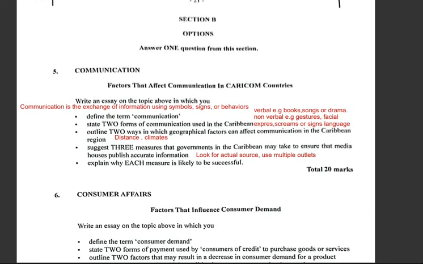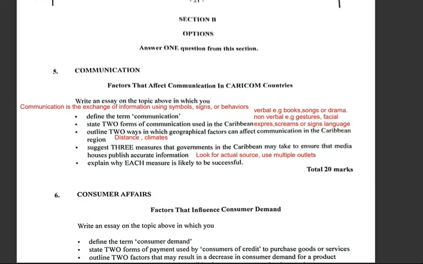So define the term communication. Communication is the exchange of information using symbols, signs, or behaviors. That would be the definition of communication. They also ask to state two forms of communication used in the Caribbean.